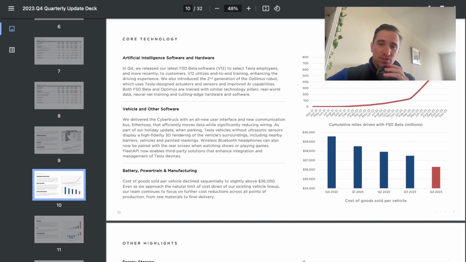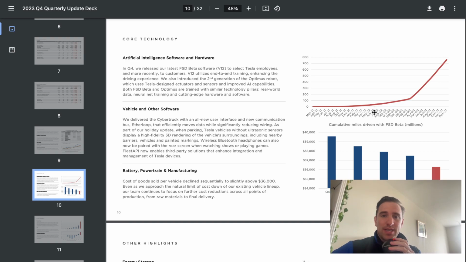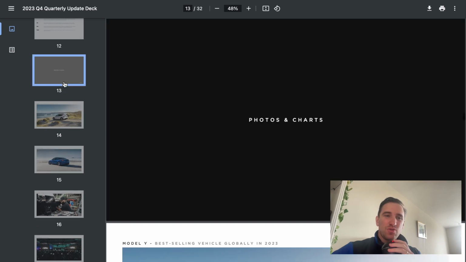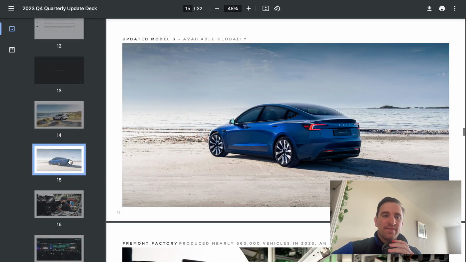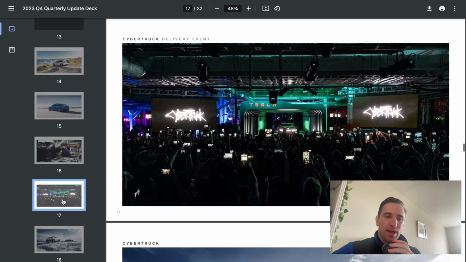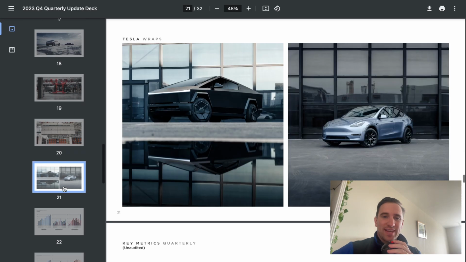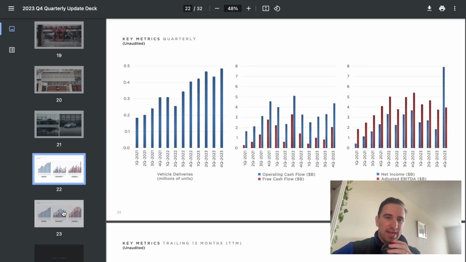And if you're an investor in this company, downloading this deck and reading through it, they have a whole update here on artificial intelligence. So just reading through this deck will provide so many insights into the company that you are invested in and tell you about their product, what they're proud of, what they want to show investors, what they want to show the market and the world.